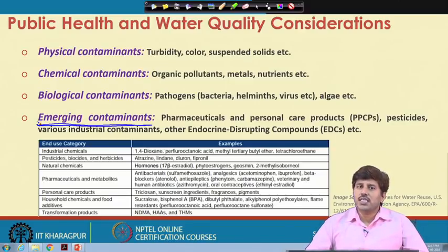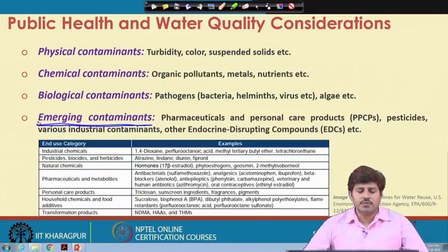But if you have not tested for these emerging contaminants, your water may not be safe for reuse. That is how public health security becomes much more prevalent with recycled or treated wastewater supplies or reuse options, as opposed to raw water systems.